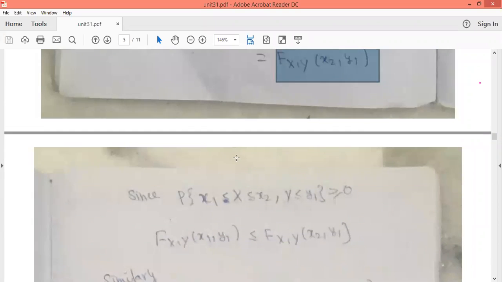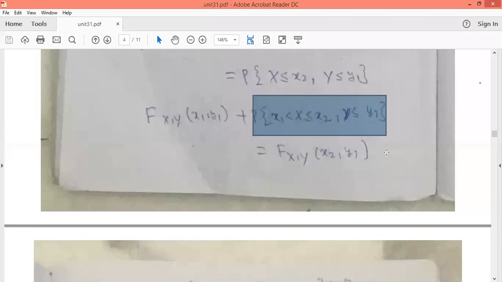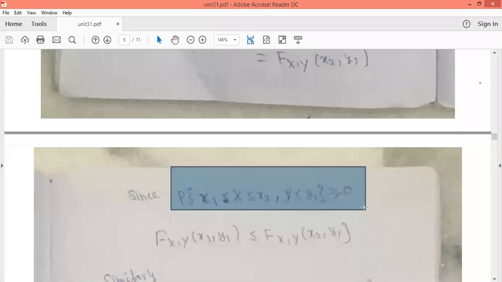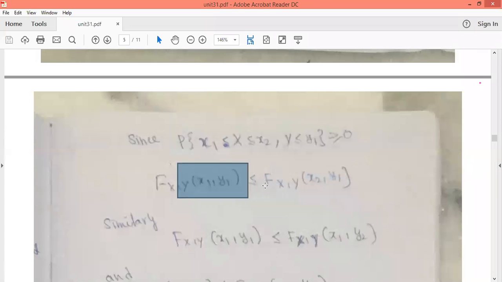So from these two relations we know that the probability of x1 less than x less than or equal to x2, y less than or equal to y1 will always be positive. It is always positive because just now we have discussed that Fxy x1 comma y1 will always be less than or equal to Fxy x2 comma y1.